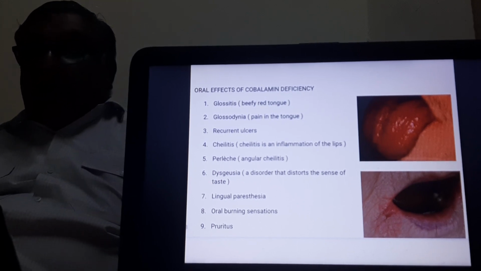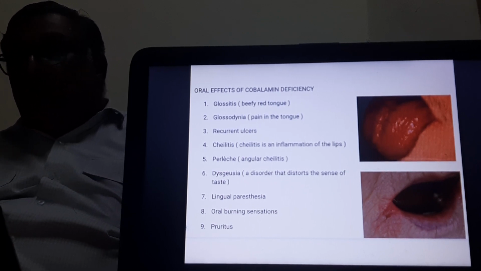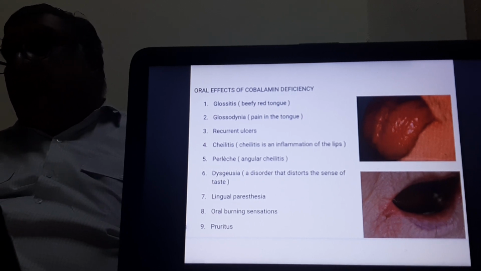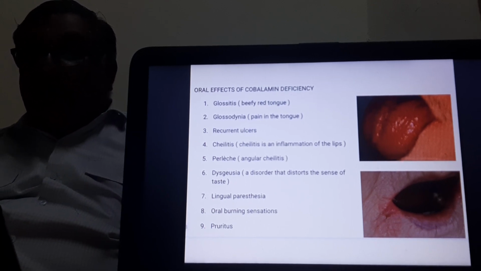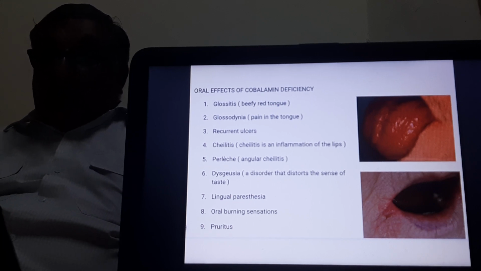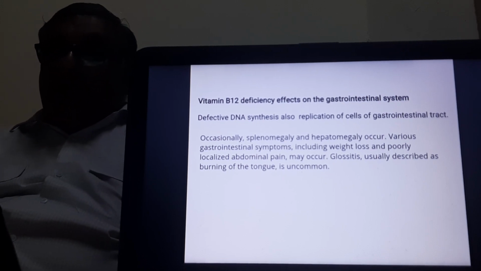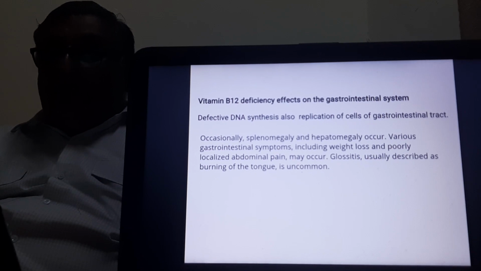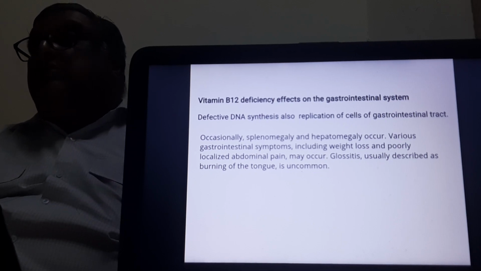In the gastrointestinal system also B12 can cause a lot of problems. There can occasionally be hepatosplenomegaly, or there may be weight loss, poorly localized abdominal pain, glossitis, etc. These are the manifestations of the GIT: atrophic glossitis, dysgeusia, anorexia, nausea, vomiting, heartburn, flatulence, and alteration in the bowel habits.